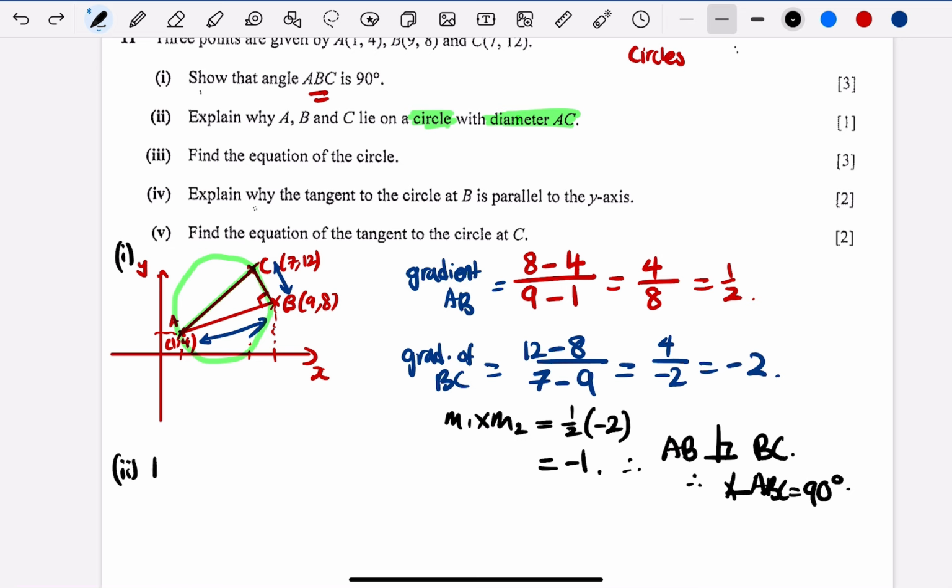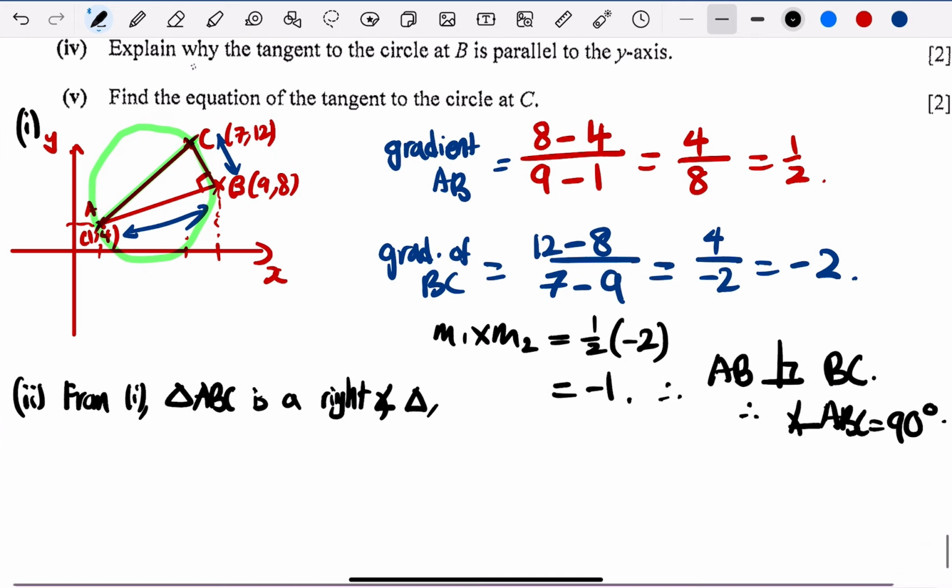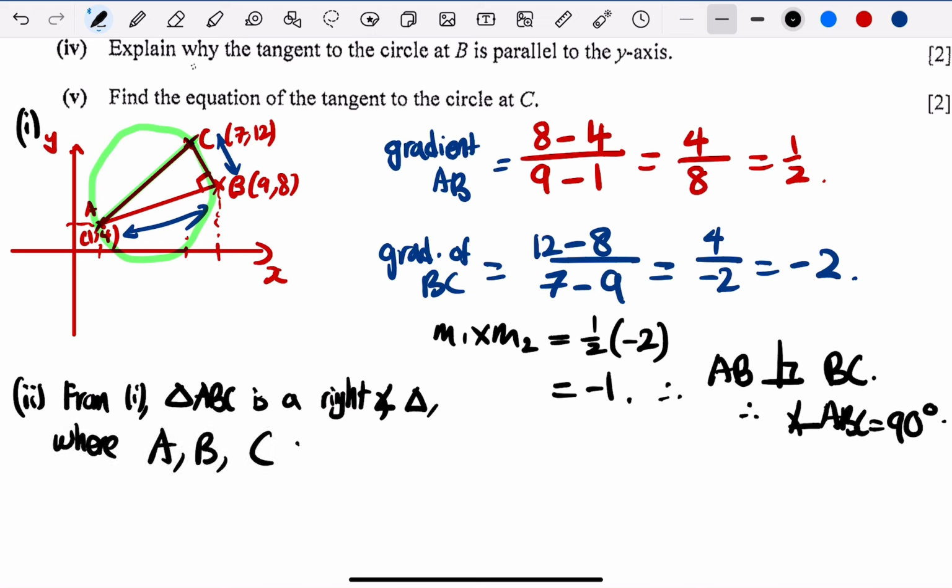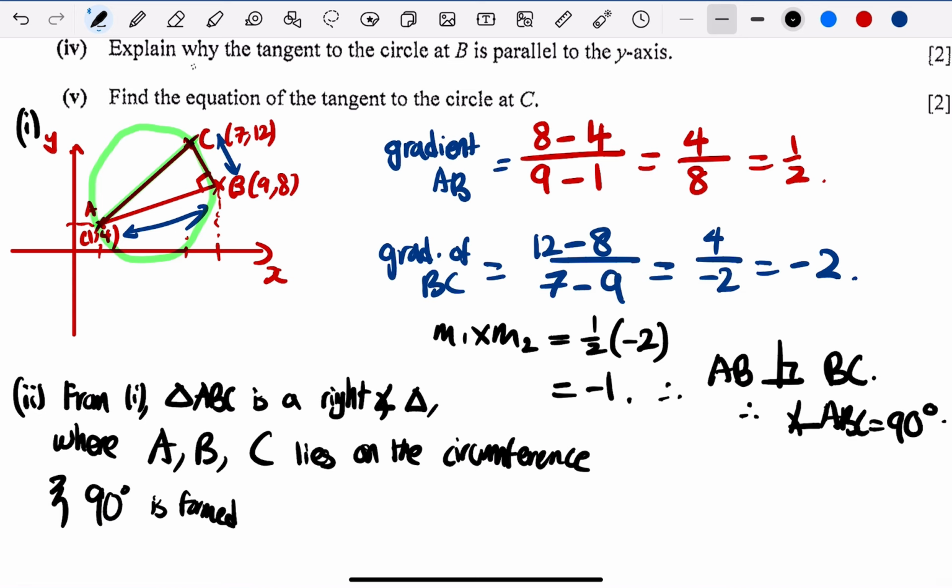Well, we can say that from part 1, triangle ABC is a right angle triangle, where ABC lies on the circumference and 90 degrees is formed at angle ABC.